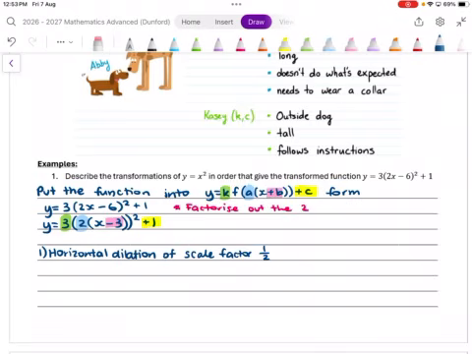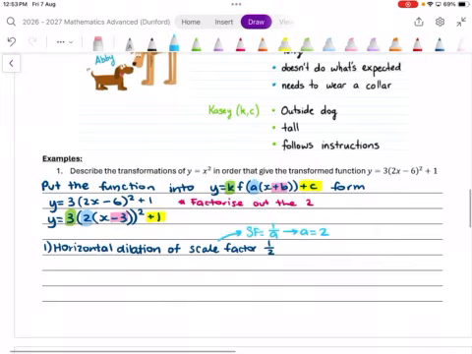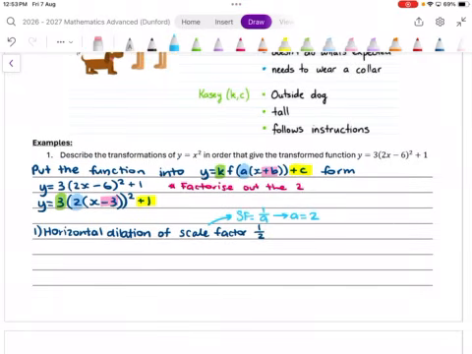Good job, whoever said it. Because we have that our scale factor is equal to 1 on a, and our a value was equal to 2. So what that means is we started off with y equals x squared. We are transforming it to get y equals (2x) all squared. Okay, so that's step 1.